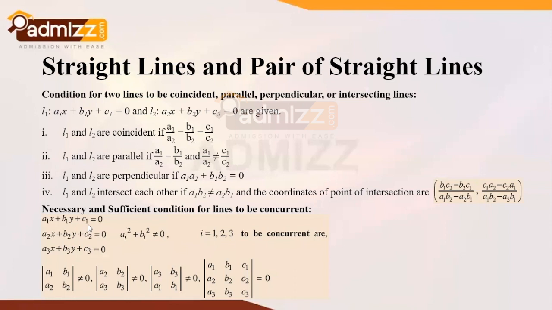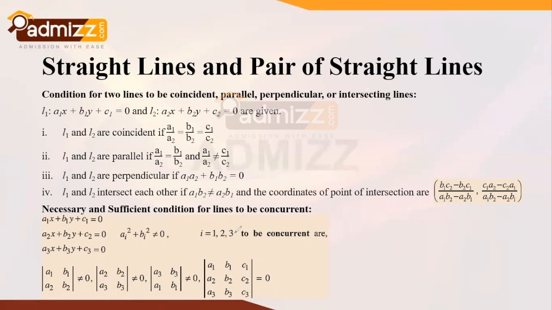So there are three lines, and the necessary and sufficient condition for these lines to be concurrent is: the minor values, a1 b1 a2 b2, are non-zero, and the determinant with rows a1 b1 c1, a2 b2 c2 and a3 b3 c3 is 0. The determinant value is 0.